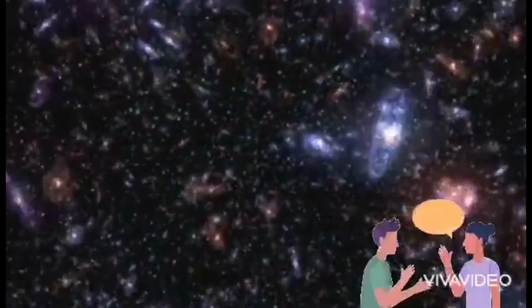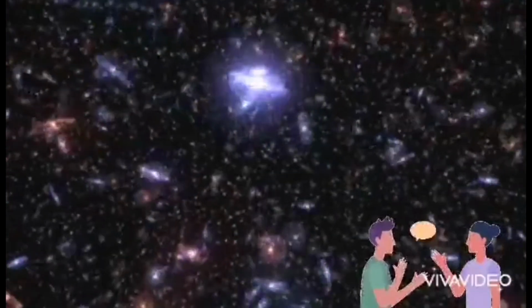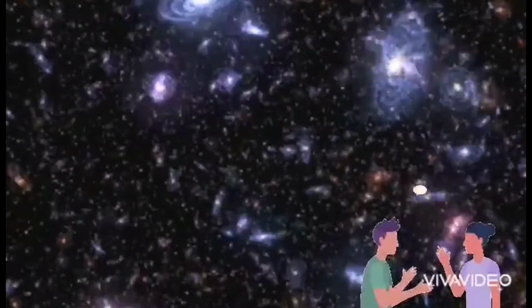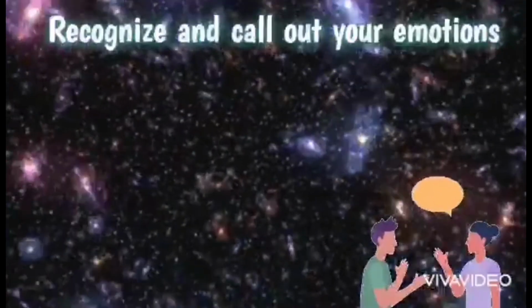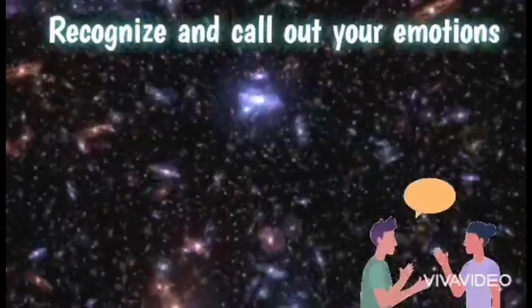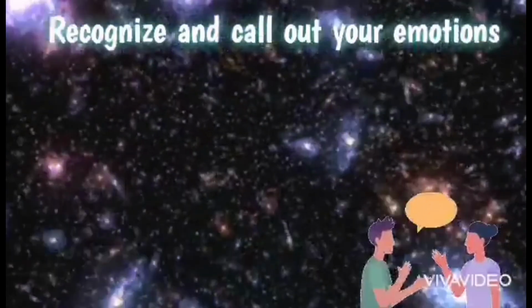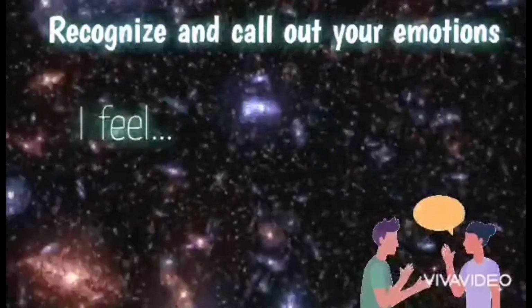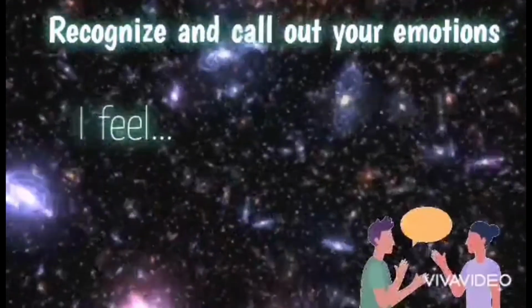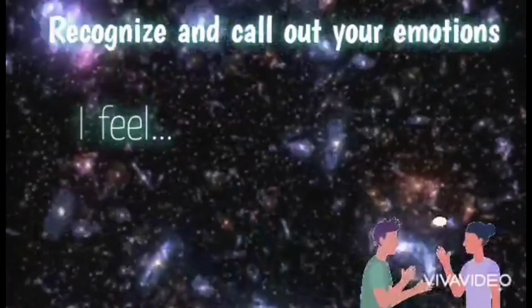If a conversation is likely to cause you to feel some difficult emotions, it is important to call them out verbally, even though it might be hard. Try to speak with sentences that start with "I feel" to help convey your perspective.